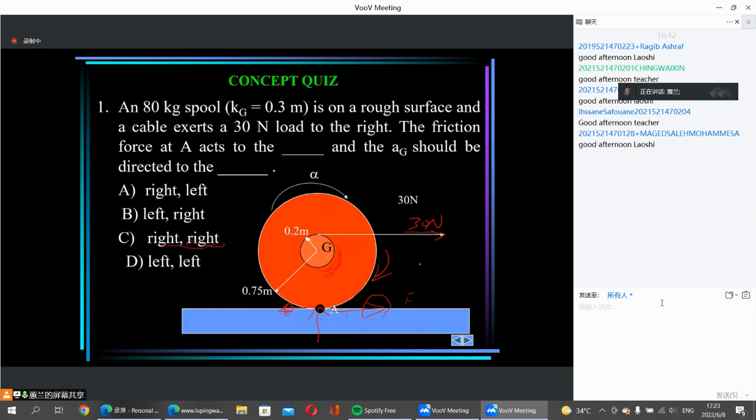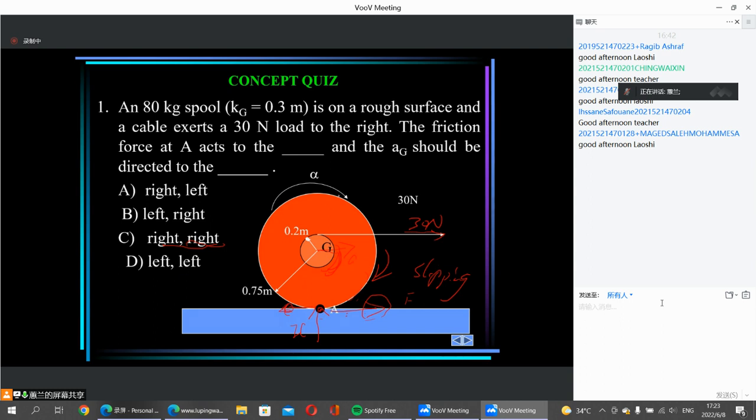So this is for slipping. If it's not slipping, that means this one is the contact point. Sorry, the contact point should be the IC. So a_G should definitely be to the right.